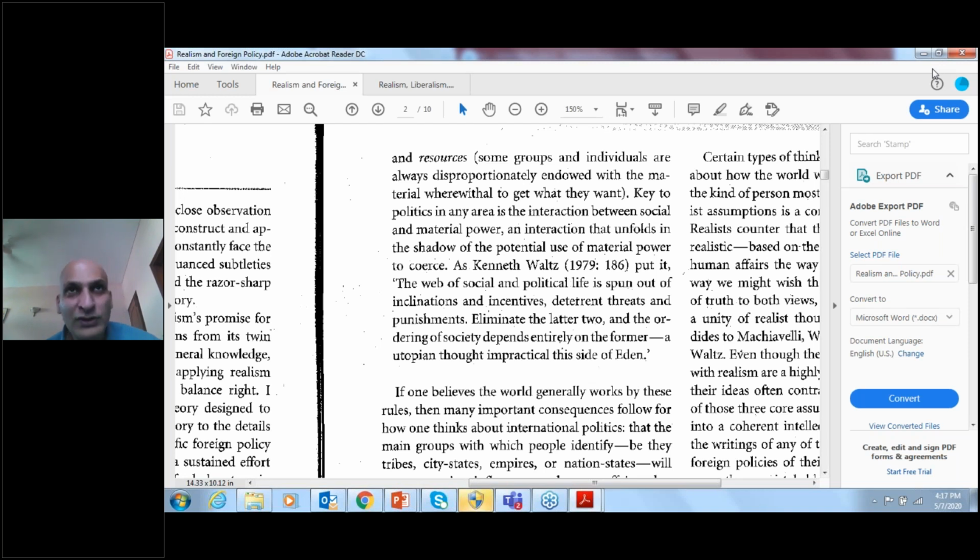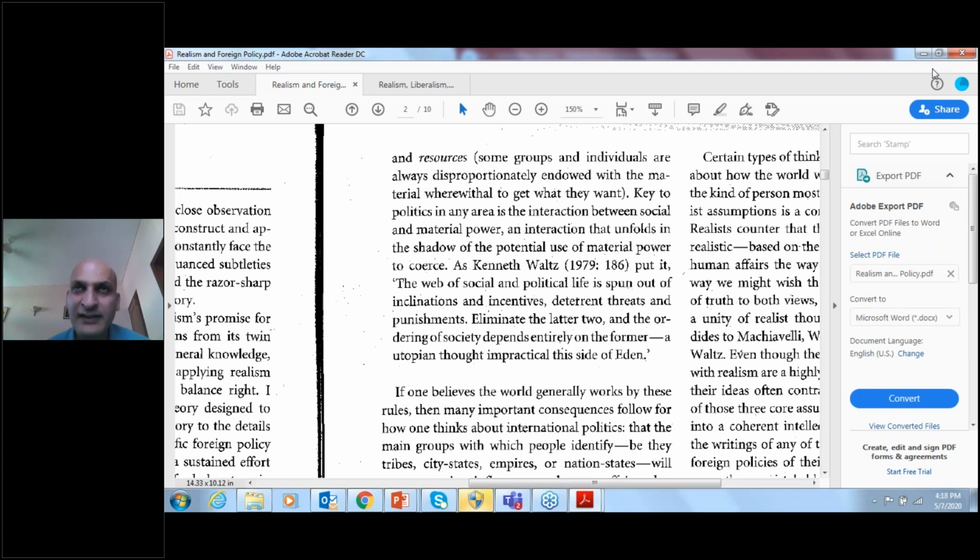Now, suppose you are a strong country, then you are okay. But if you're a weak country, what are you going to do? You're going to make alliances with other weak countries. By making alliances, you're going to try to balance the stronger country or the stronger alliance.